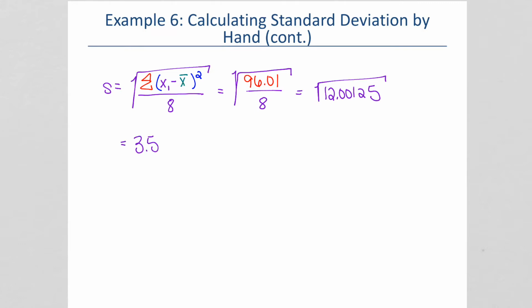So the standard deviation is 3.5 years. So what we can do is we expect that the age of the average student is about 3.5 years younger or older from the mean age of 20.67. Okay? And like I said, I'll add on how to do this same example on Excel to the end of this video.